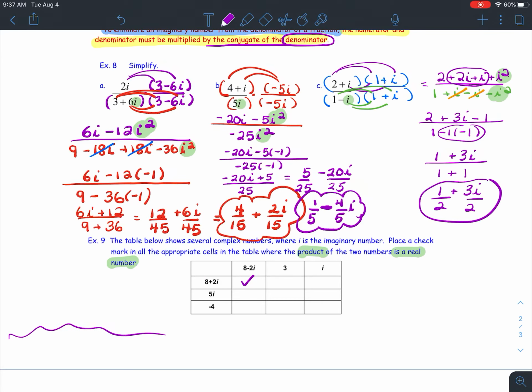So if you take 8 minus 2i times 8 plus 2i, and you actually worked all that out, it should work out to just a real number. No i's. Okay. I don't know that we can put any more check marks down along the first column here.